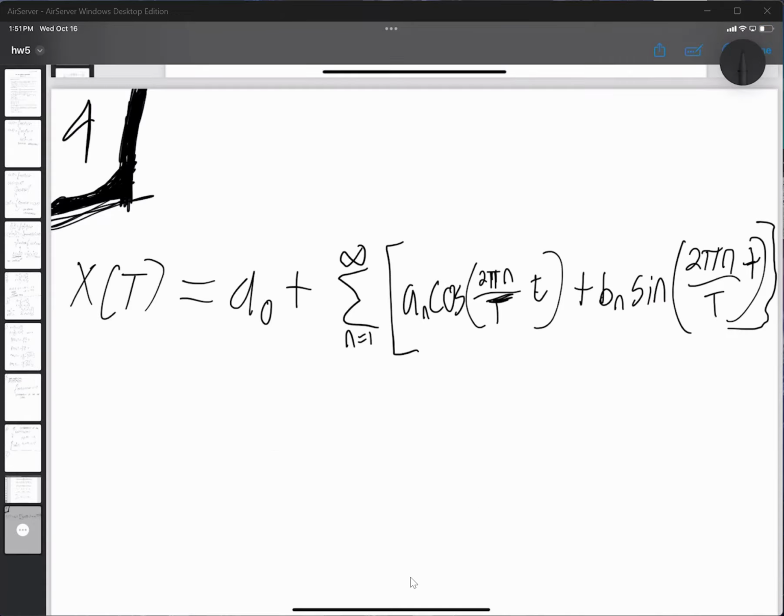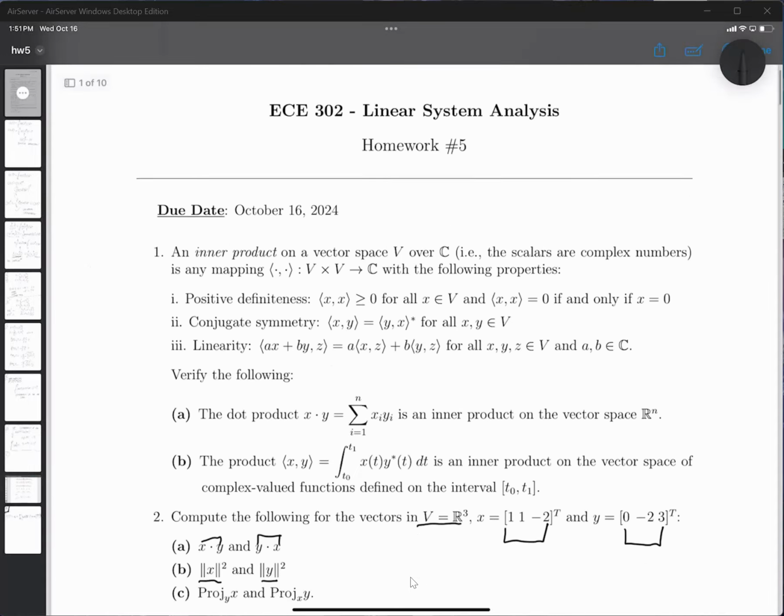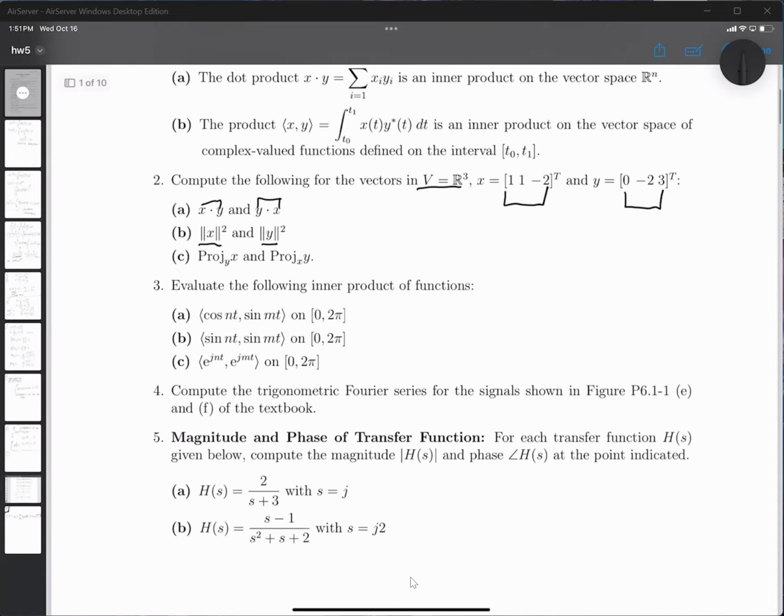Okay, so now we're on to question 4, which states we need to compute the trigonometric Fourier series for the signals in the figure.